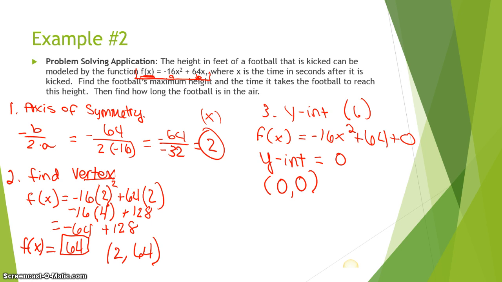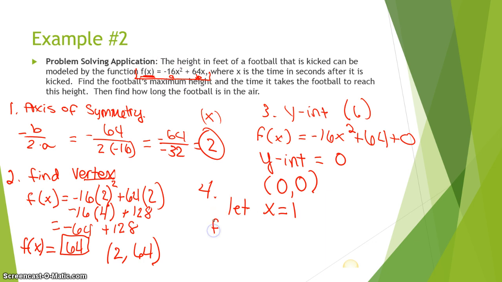The next thing I can do is I can pick 2 other values or a few other values, plug it into the equation to solve. So let's choose, let x equal 1. This is my step 4. If we let x equal 1, we're going to plug it into the formula here.